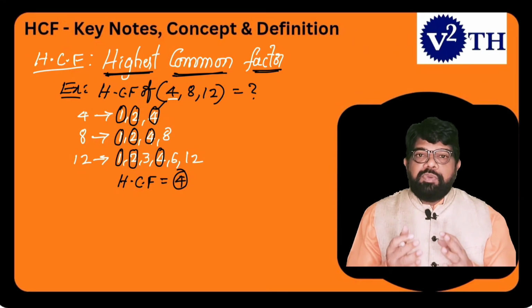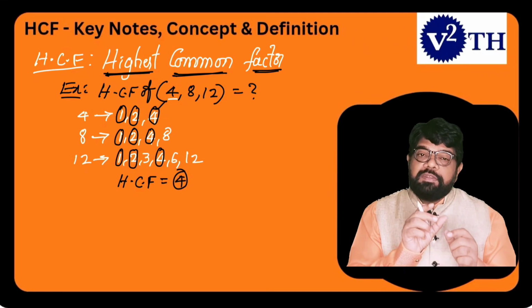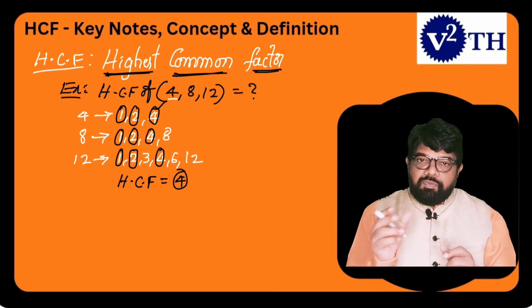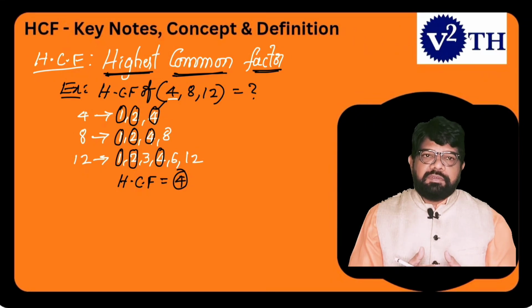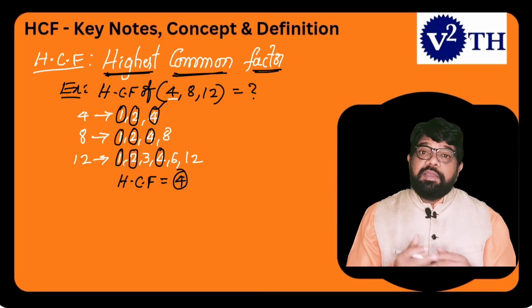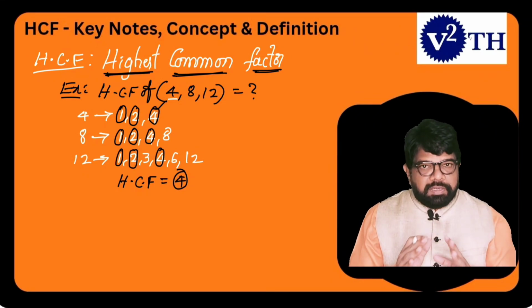Suppose HCF of 120, 140, 160. You have to write factors of 120, factors of 140, factors of 160. It takes a lot of time to write all the factors. This is only the definition, but we don't follow this method to calculate the HCF.